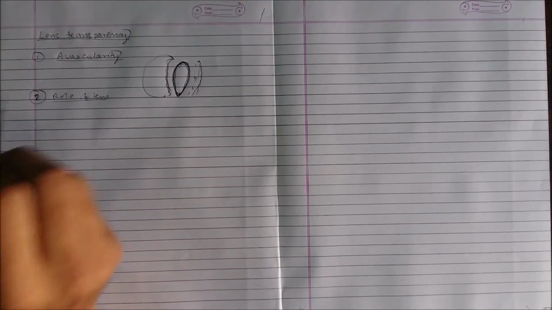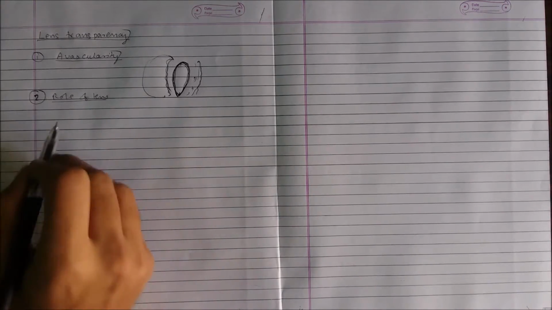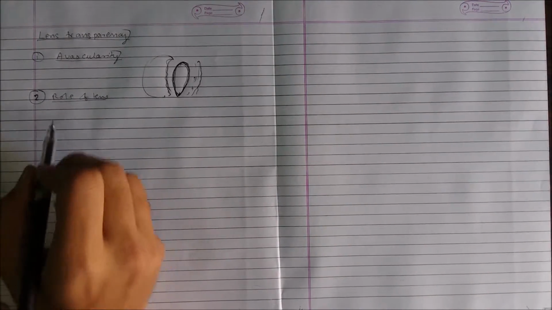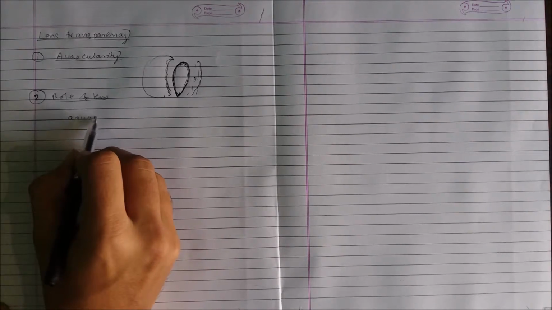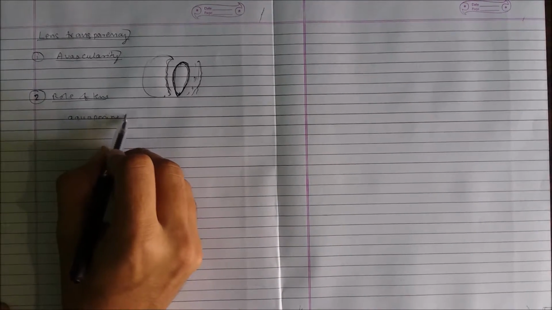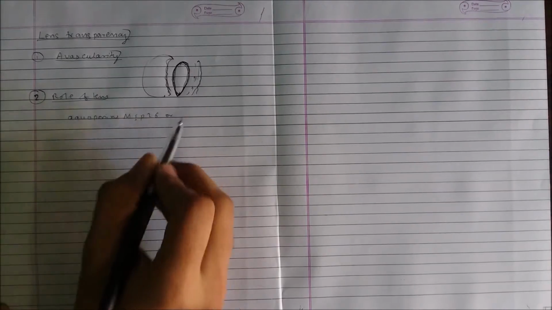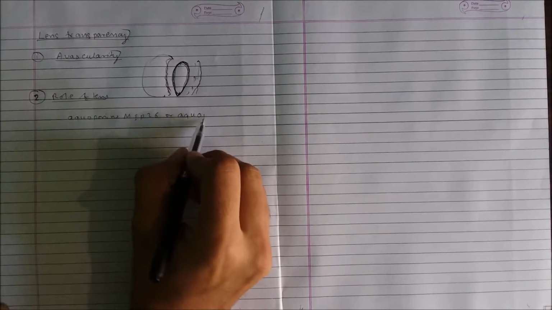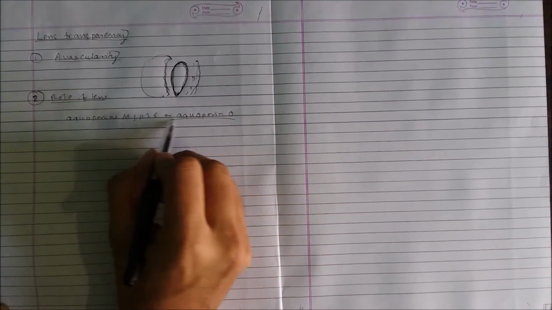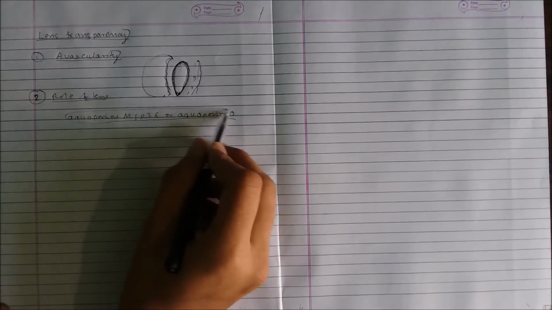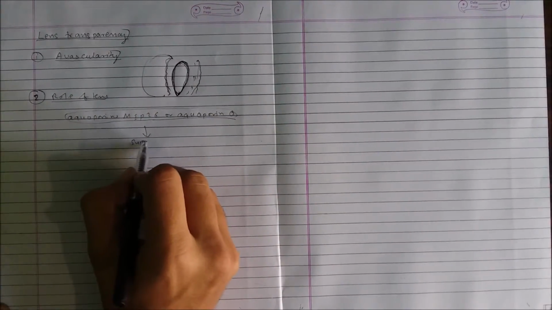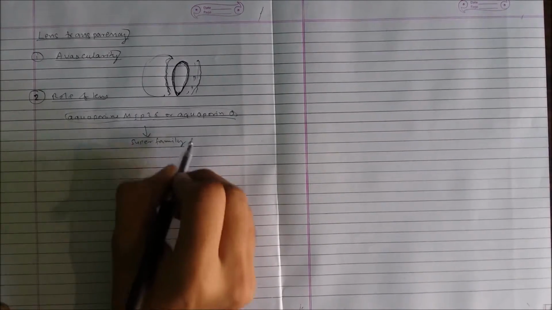The lens has proteins, and many books say these proteins fall under the aquaporin superfamily, and are further classified as aquaporin MIP 26 or aquaporin 0.